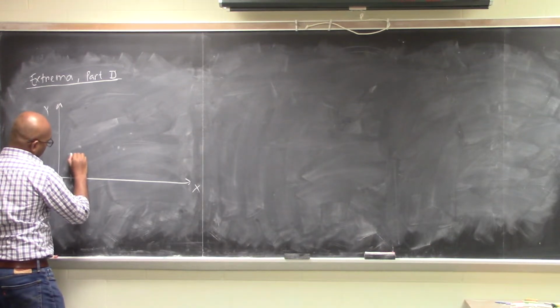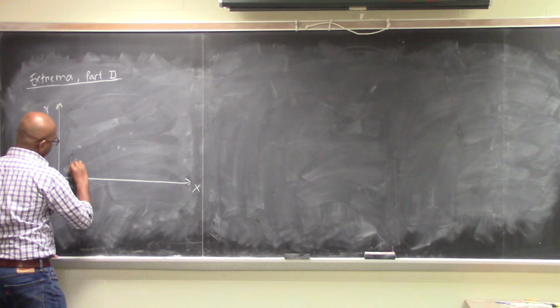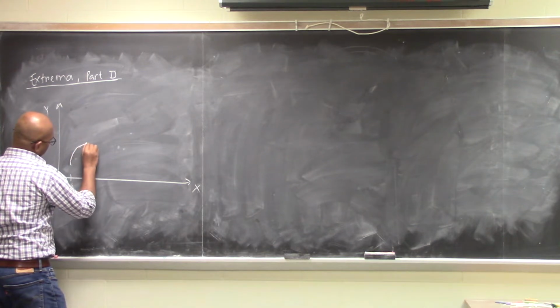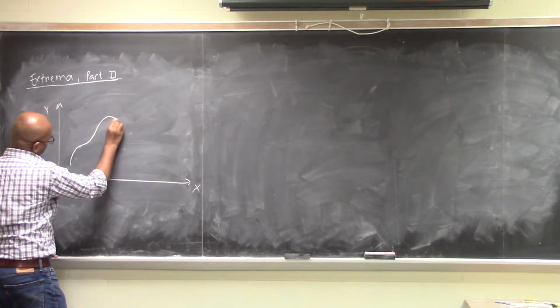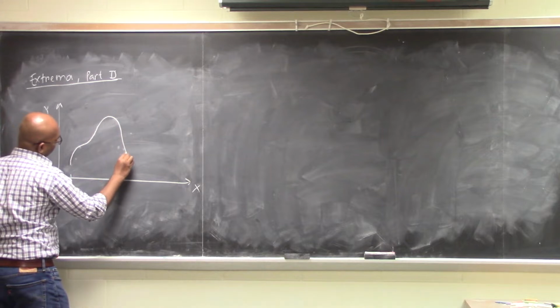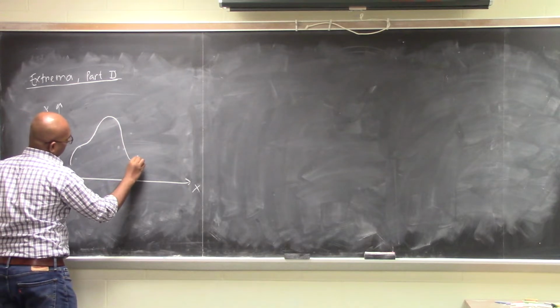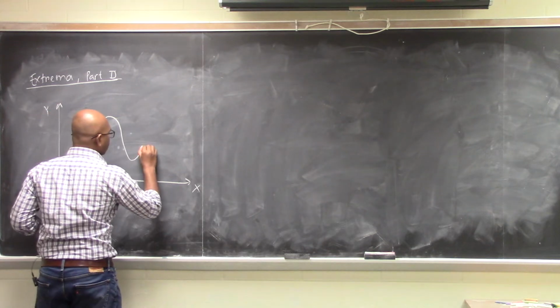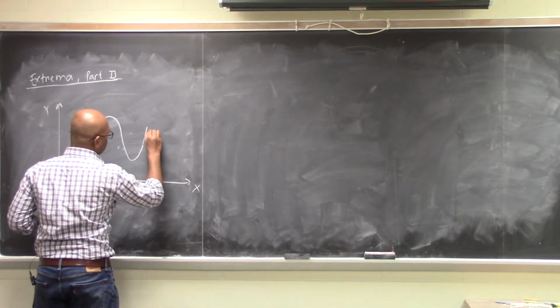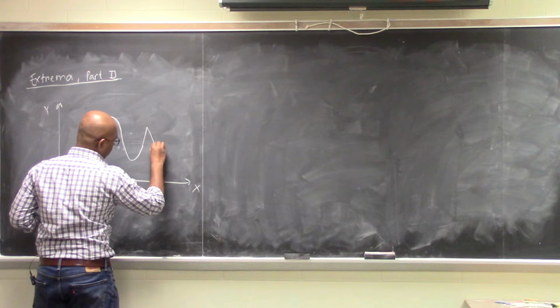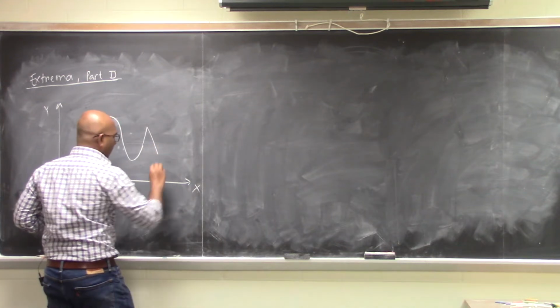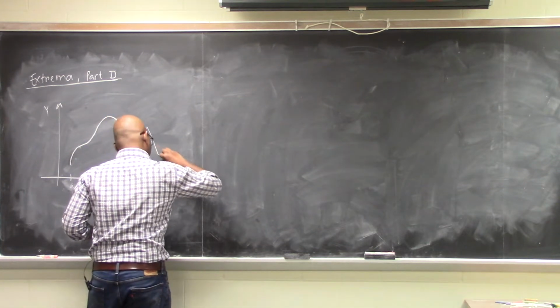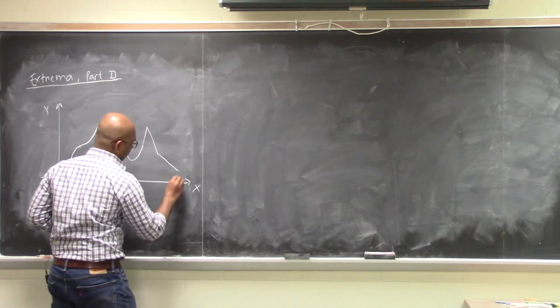Let's say the graph goes like this, and let's make it a little bit bigger, like this, and it comes down here, and from there it becomes like that.